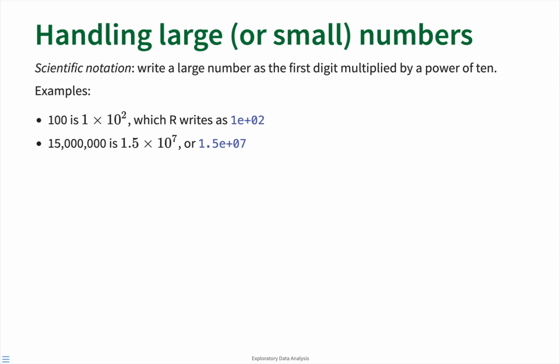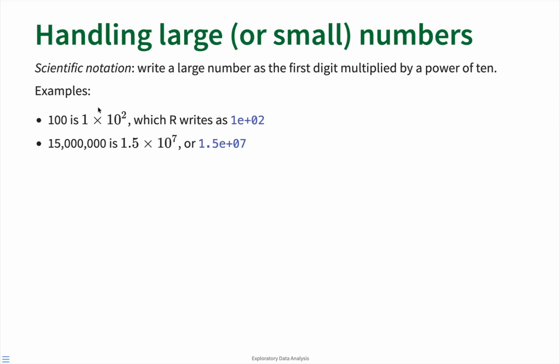You can see some examples of that here. We would write the number 100 as 1 multiplied by 10 squared. A more realistic example is the number 15 million, which we would write as 1.5 times 10 to the power of 7.